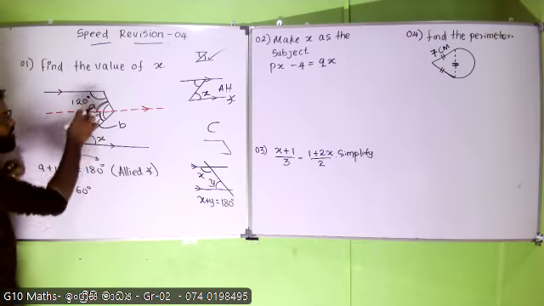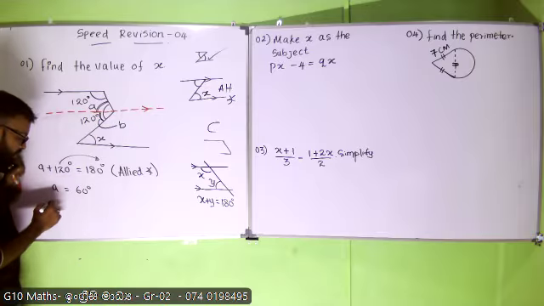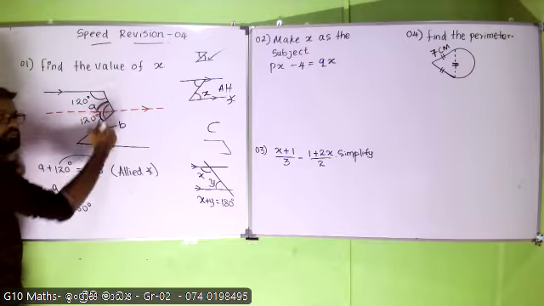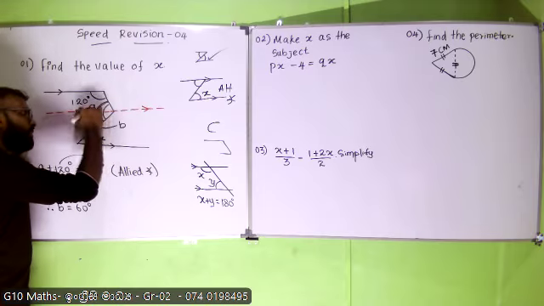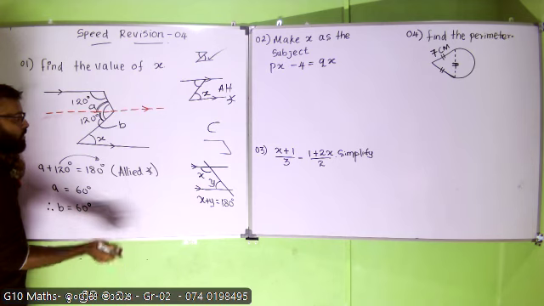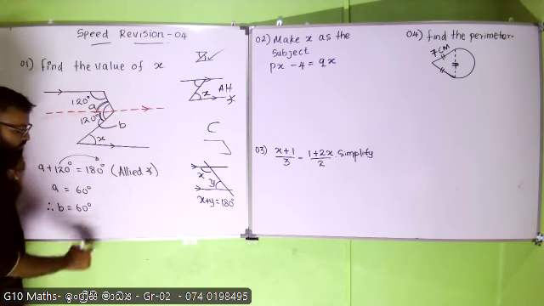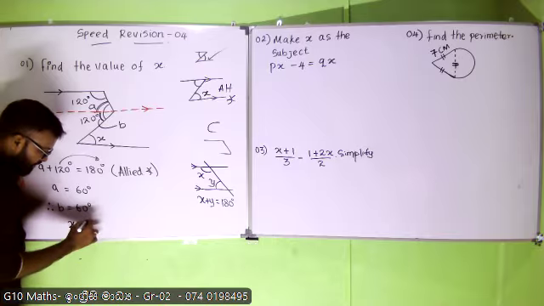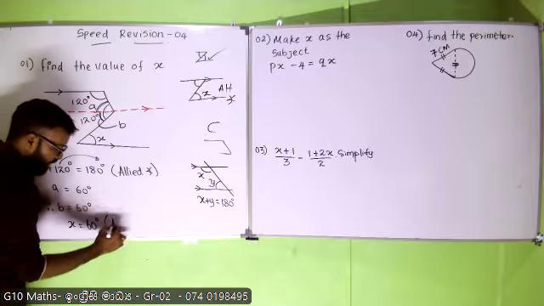If this is 60, then B should definitely be 60 because this total angle is 120. So if A equals 60, B is definitely 60. So x is definitely 60. Why? Alternate angles.